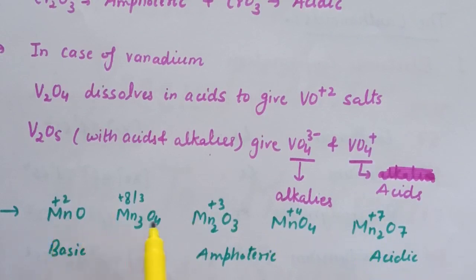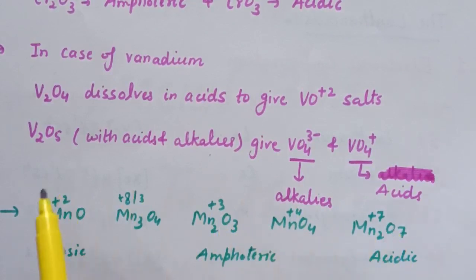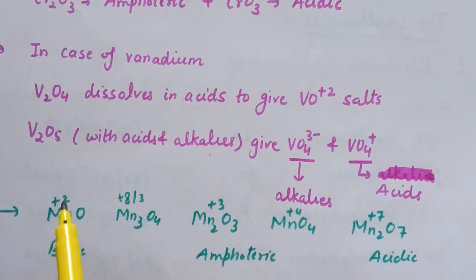Here the oxides of manganese are given: MnO, Mn3O4, Mn2O3, MnO2, Mn2O7. Here the oxidation number of manganese is +2, in Mn3O4 it is 8/3, in Mn2O3 it is +3, in MnO2 it is +4, and in Mn2O7 it is +7.